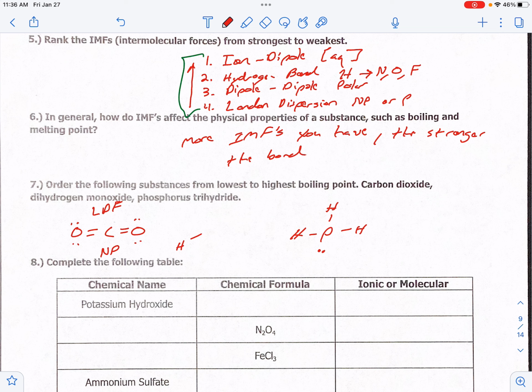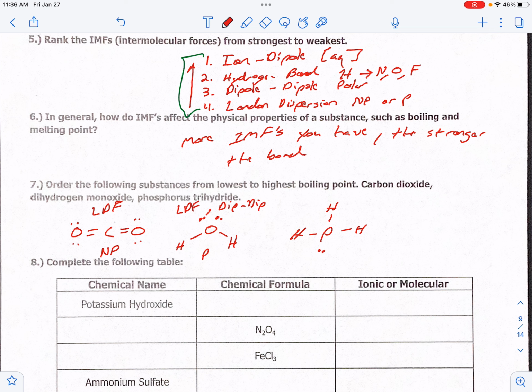It's called bent, because those hydrogens are pushed away, and it creates a bent shape. And so you have this negative region over here, and then you have this positive region over here. So that is going to be considered polar. Now, since it's polar, I know it has LDF, London dispersion, because that's for nonpolar or polar. Since it's polar, I also have dipole, dipole.